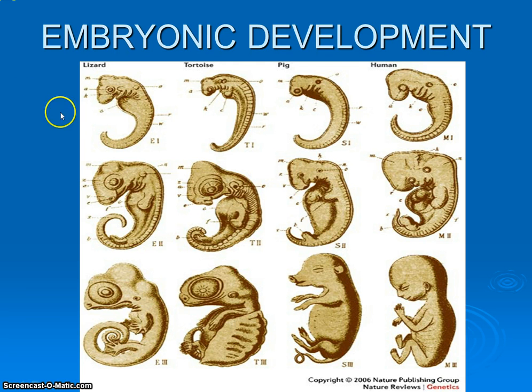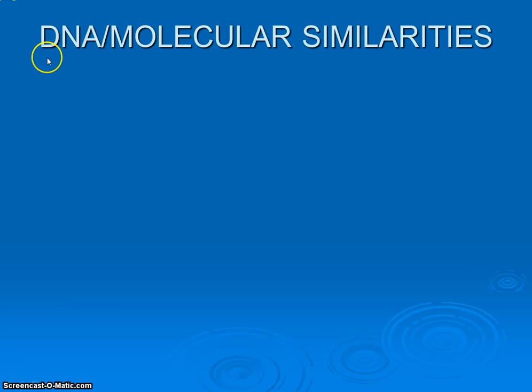And with the final step, and by no means are all of these the only pieces of evidence, the final one we want to look at is actually a supplement to this one, and really proves this idea of embryonic development, because you can't argue this one, and we'll be looking at molecular DNA similarities.